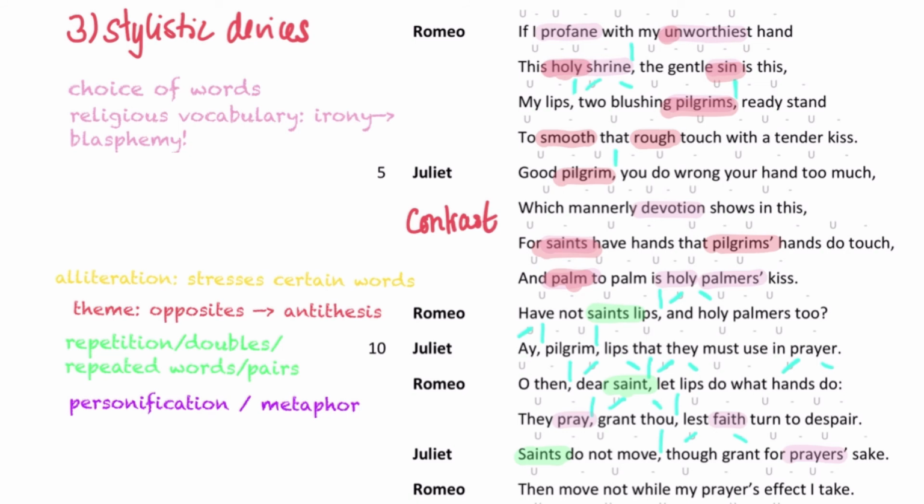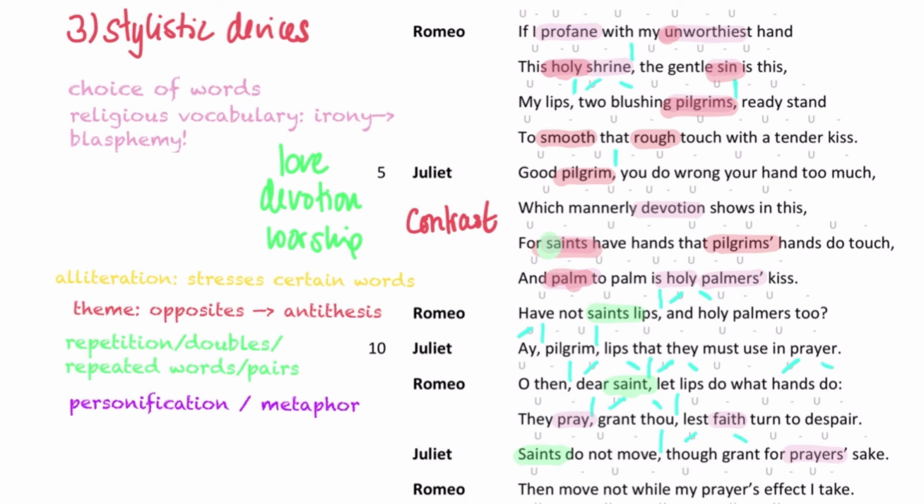breaks in meter. The phrase is also repeated several times. Romeo keeps calling Juliet saint, which underlines her purity, her innocence, and also her reactions to him at first. She says, saints do not move, which means that she's not the active part in this.